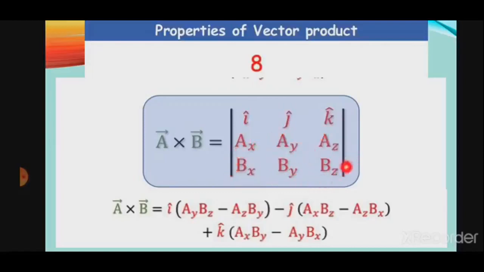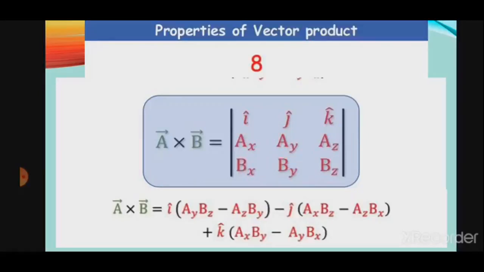This is nothing but the matrix method. You already studied matrices in 10th standard. So i unit vector is positive, j unit vector is negative, k unit vector is positive. So we can calculate row and column, multiply, and get the answer.